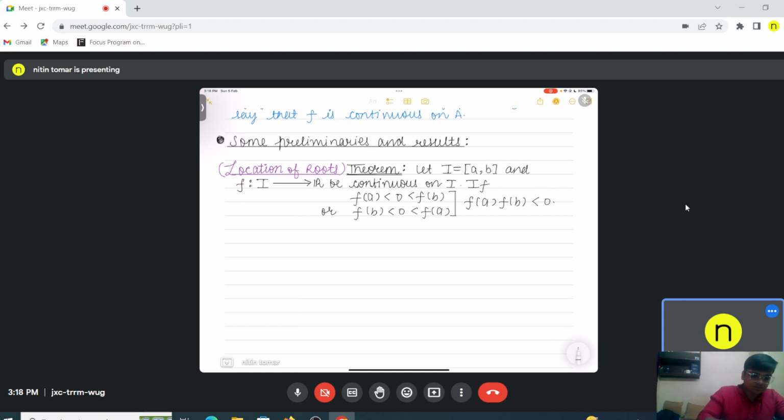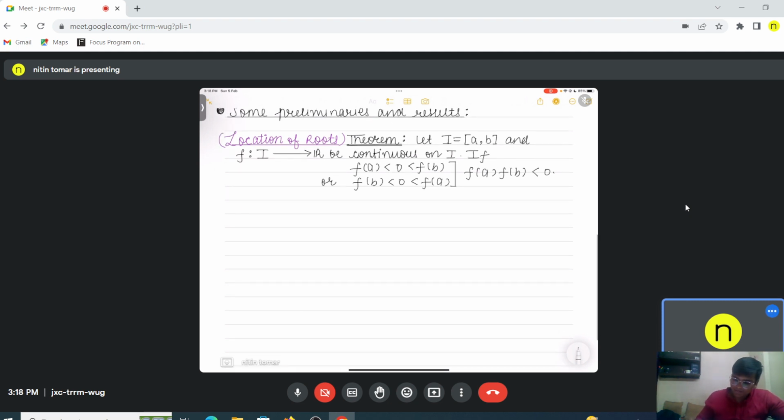Okay, we can write it like this. Then what happens? Then there is a number c in between a and b such that f(c) is 0.